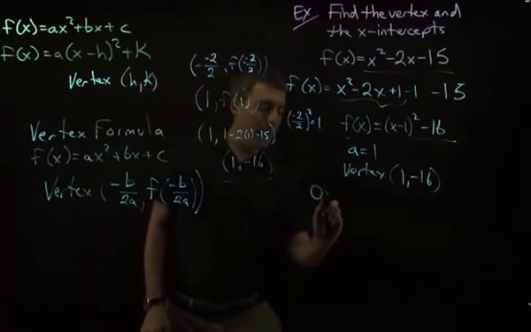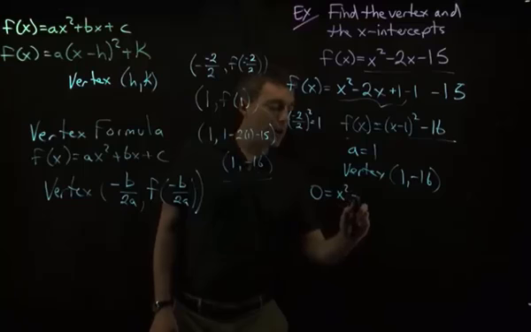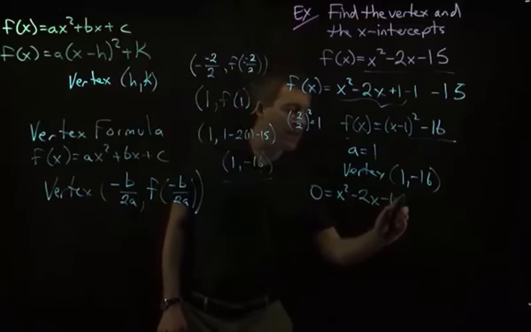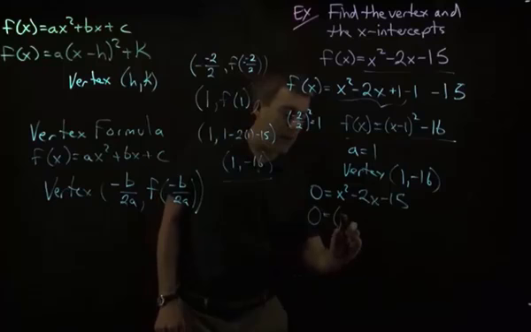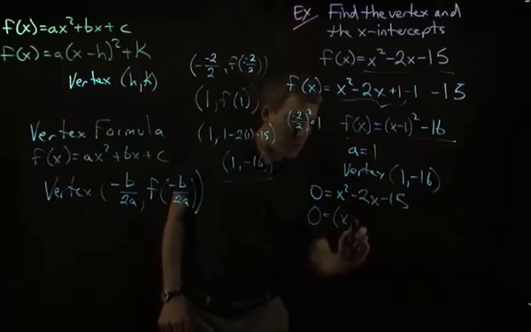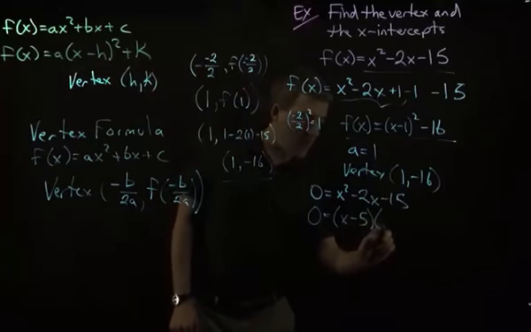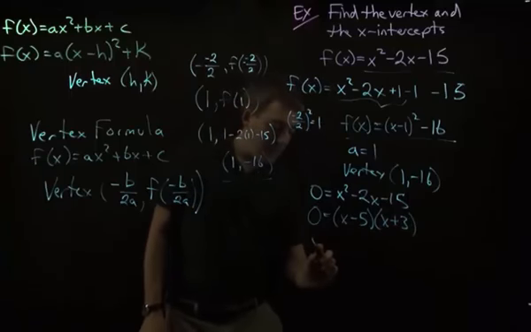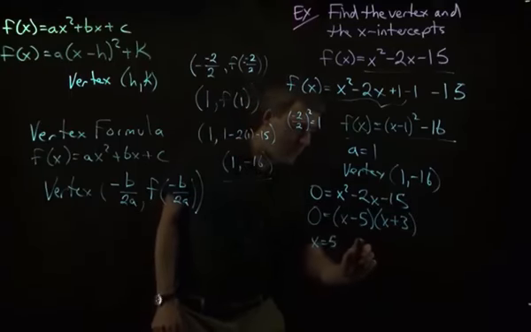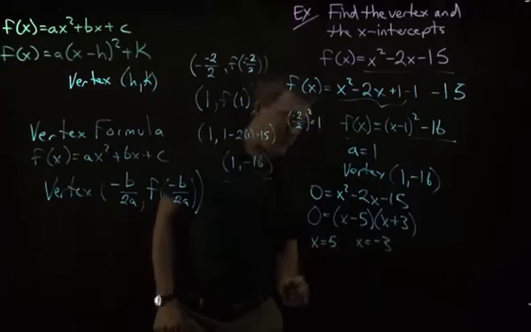So we have 0 equals x squared minus 2x minus 15. And we can factor this, so we have x minus 5, x plus 3. It gives us x equals 5, and x equals negative 3.